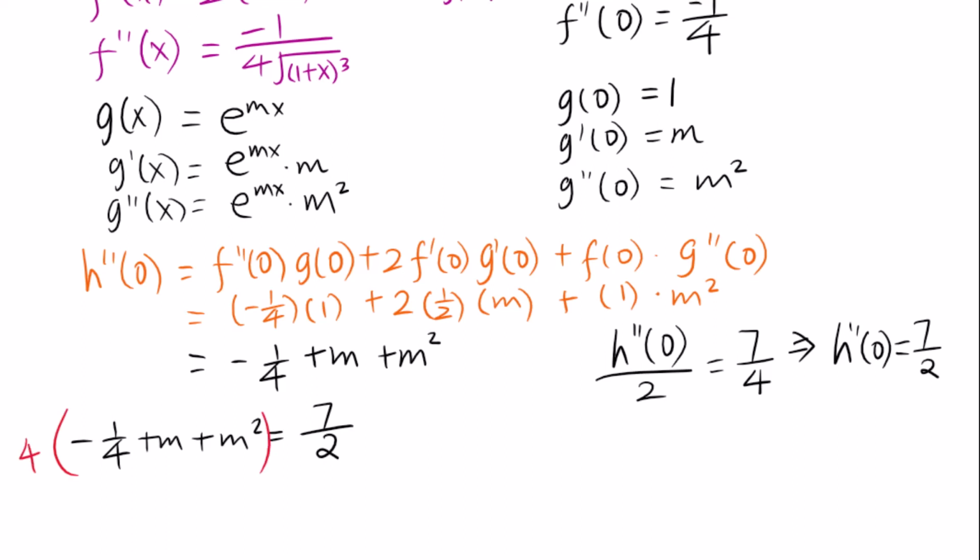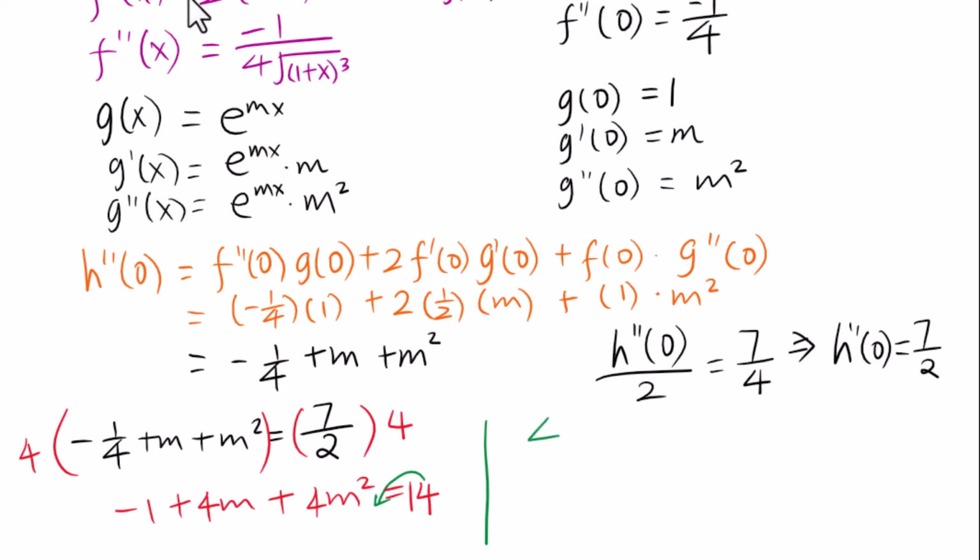Times 4 both sides: -1 plus 4m plus 4m squared equals 14. Since this is a quadratic equation, we try to make the equation equal to 0. Minus 14 both sides: 4m squared plus 4m minus 15 equals 0.